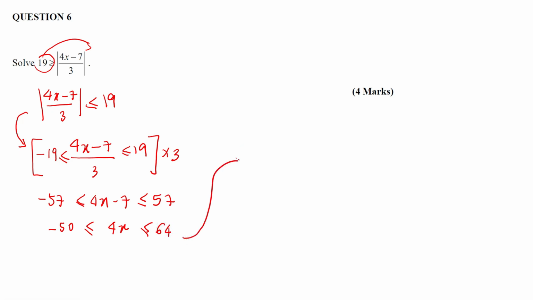So x equal to minus 50 over 4, 64 over 4. We can simplify to be minus 25 over 2 and 16. Alright, thank you.